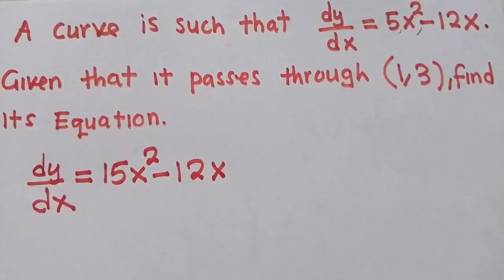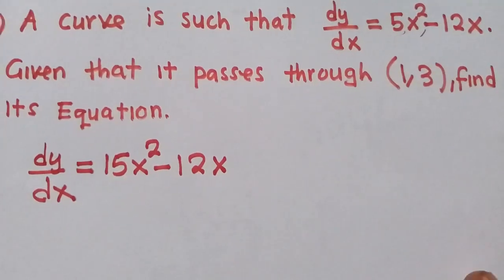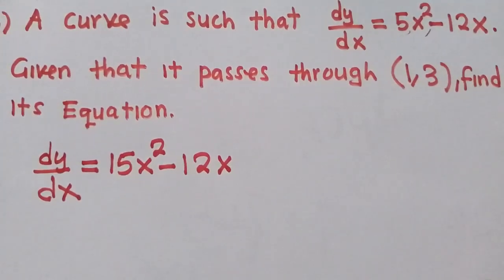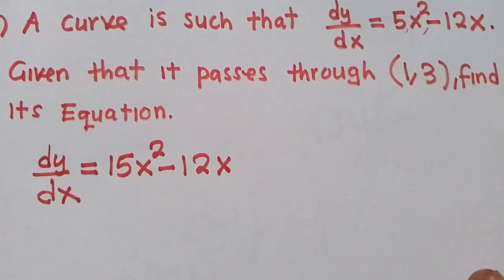This is what we are given. So what's the first thing here? What are we supposed to do here? What we need to do is to integrate this. You are going to integrate this.